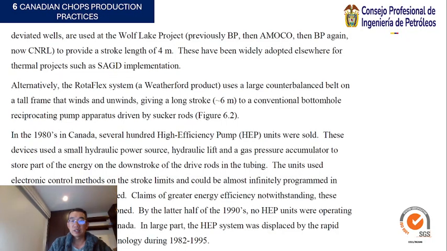Claims of greater energy efficiency notwithstanding, this device was gradually abandoned. By the latter half of the 1990s, no HEP units were operating in the heavy oil industry in Canada. In large part, the HEP systems were displaced by the rapid development of PC pump technology during 1982 to 1995.